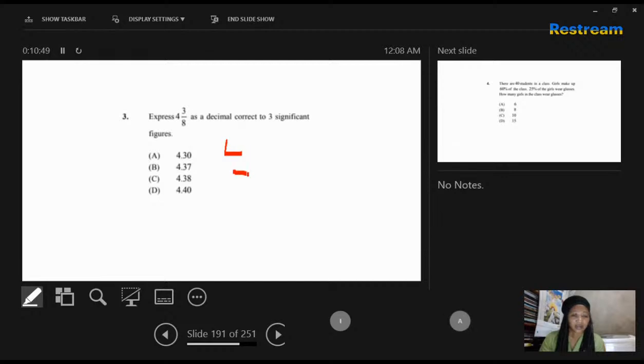All right, so 35 over 8, which gives 4.375.